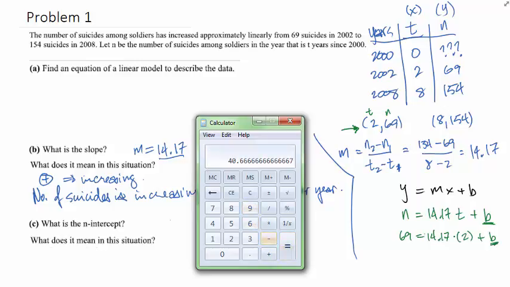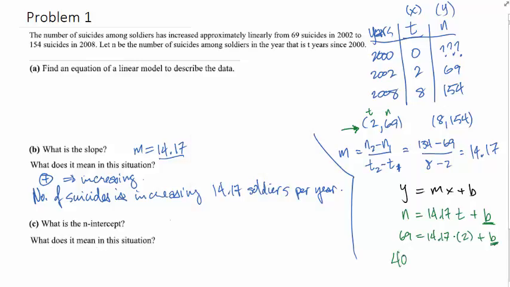And I get 40.67, let's call it. And that's what b is equal to. So your y-intercept, or your n-intercept, is going to be b is equal to 40.67.